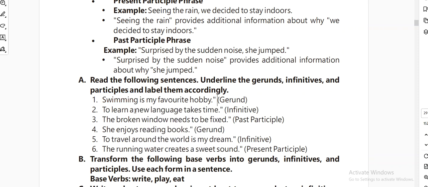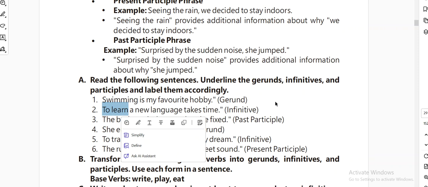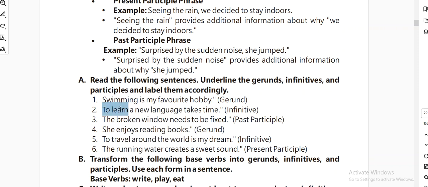Then, to learn a new language takes time. To learn is the infinitive in this sentence. Next: the broken window needs to be fixed. The broken window, describing the window, so it will be the past participle.